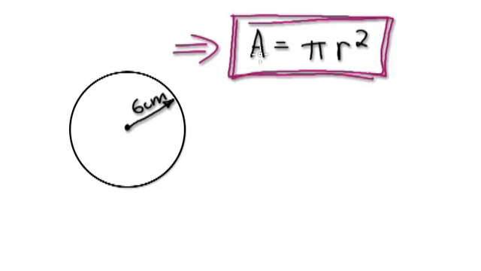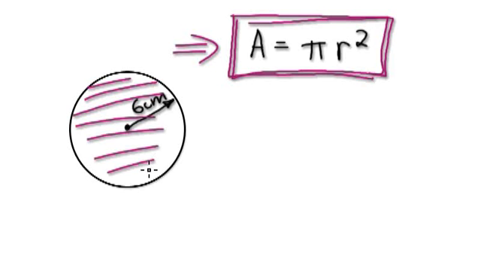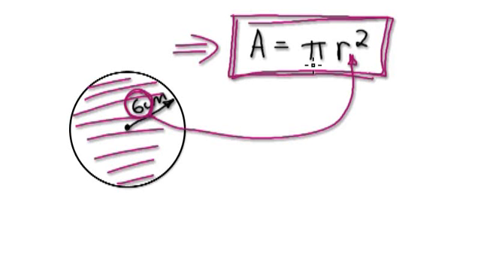So basically, if you want to know the area of a circle, that's the amount of space that this thing takes up here, you use this formula. So this is the radius 6. You put the 6 into the r, and then work out A. We're trying to find out the area here.